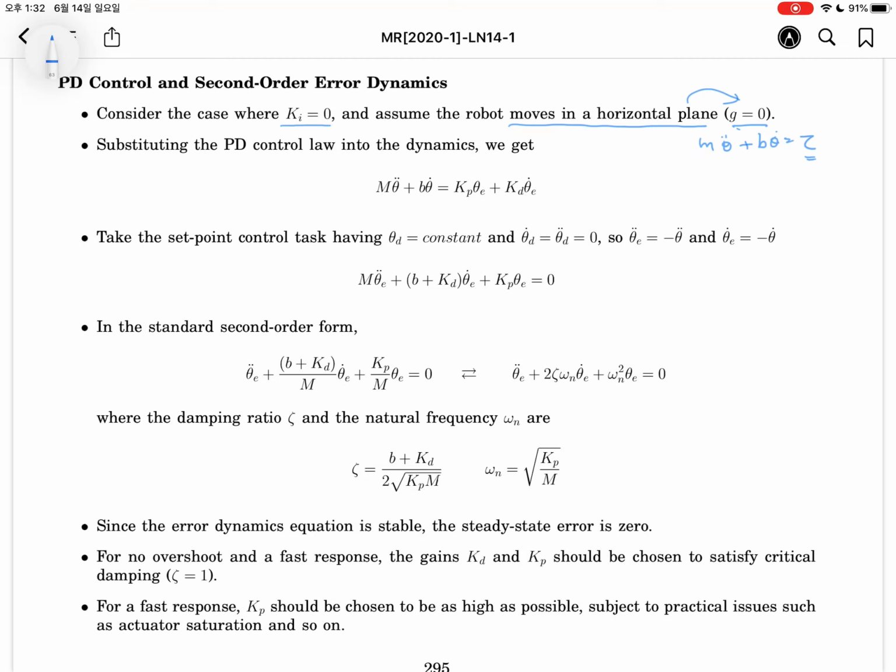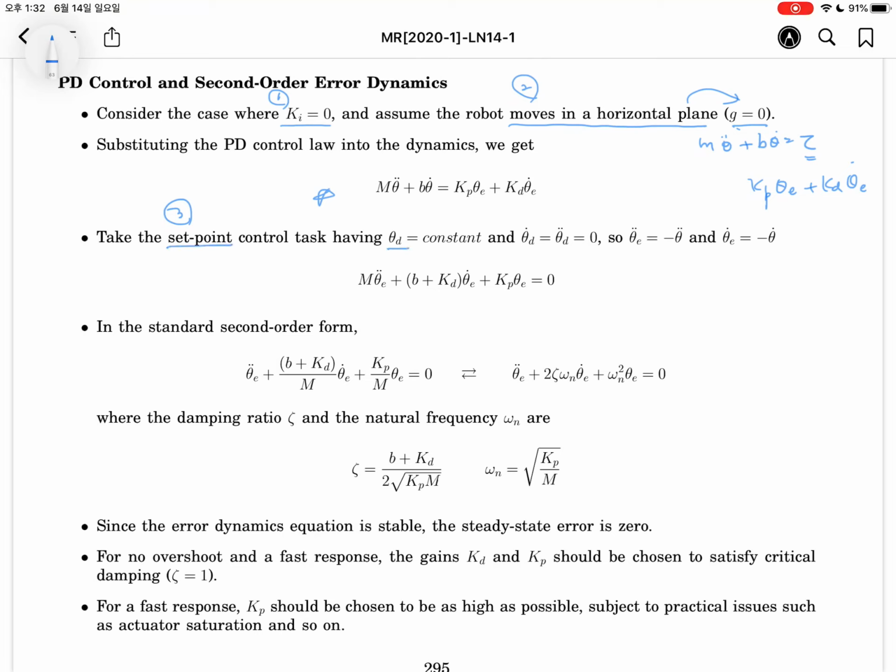The control input torque will be the PD control, so Kp theta_e plus Kd theta_e dot. So we have this equation. And then we will assume one more. This is the first assumption, the second assumption, and the third assumption is that the target is given by a set point.